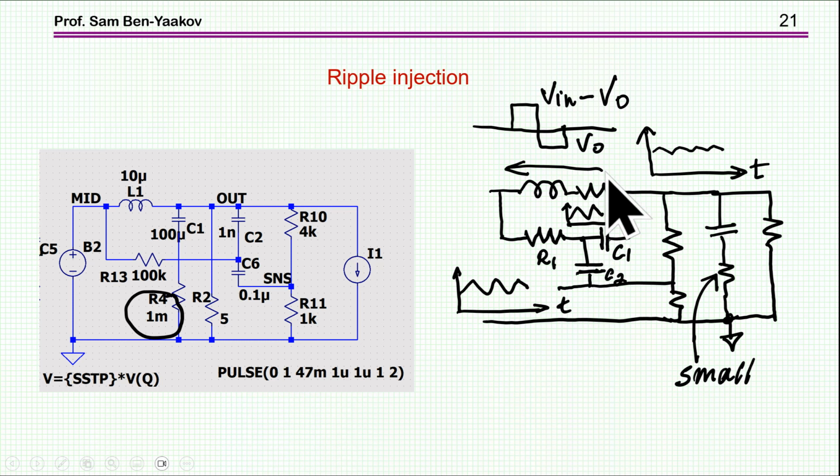And here it is. Just to compare the two ripples, I have shifted the ripple of the sense point, which is at 1 volt. I have shifted it by 4, so it'll be at about the same level here. And we see here, this is the ripple injected actually, okay? This is the injected ripple, while the green one is the ripple on the 100 microfarad capacitor, small ripple, it's only 1 millivolt.